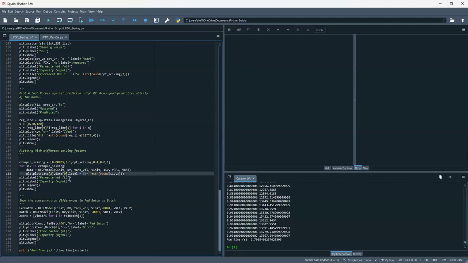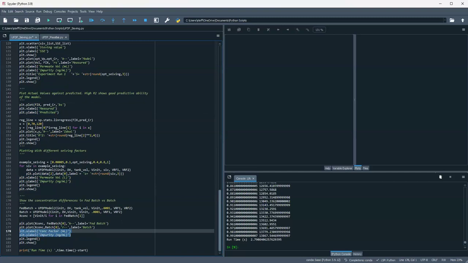For example, in the Y label, I have impurity concentration in nanograms per milliliter. Maybe you have different concentration units, and maybe you want to actually name what this impurity is. And that applies to these labels down here as well.